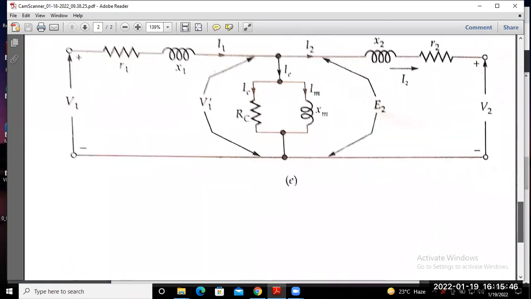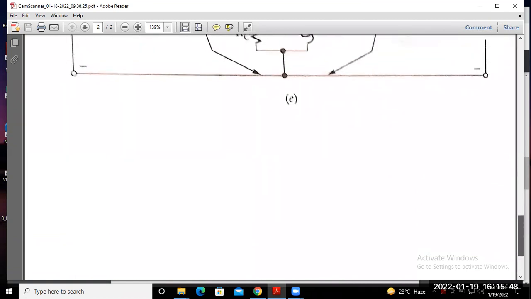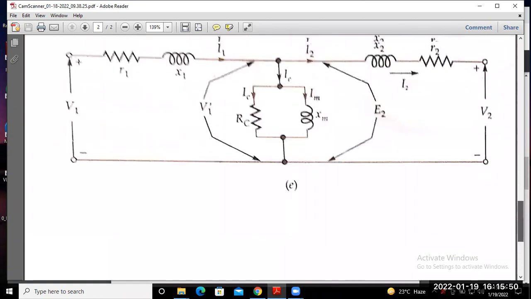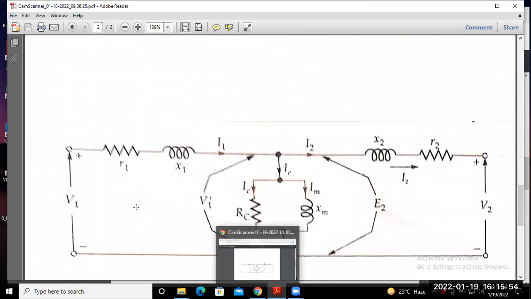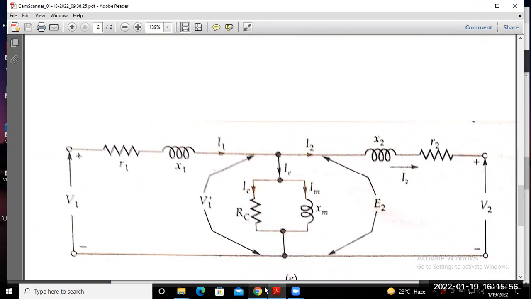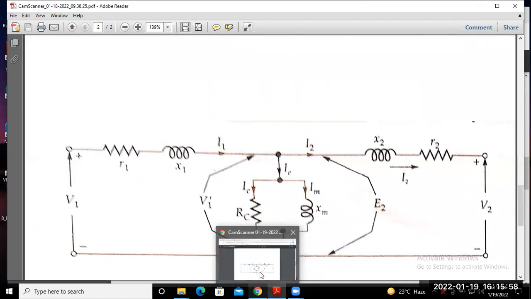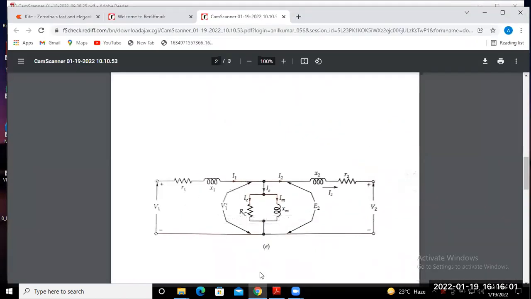So this is the circuit, with the shunt branch placed either here or here. The exact equivalent circuit may be shown here if the shunt branch is placed behind the primary leakage impedance.